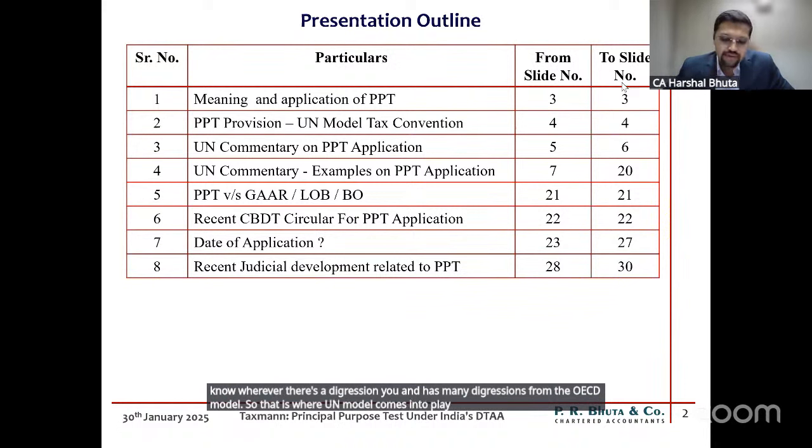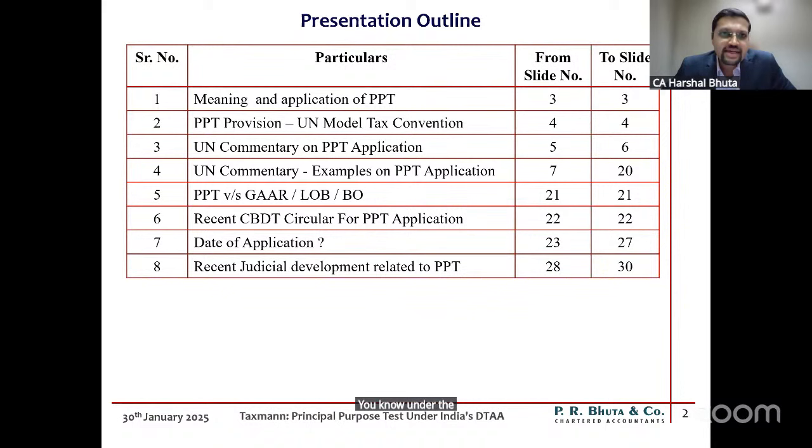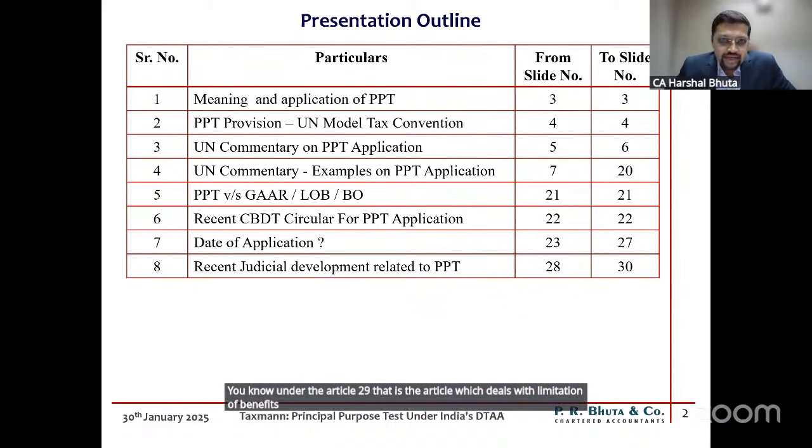At the same time, Article 29 is the article which deals with limitation of benefits, and paragraph 9 is the one where PPT has been given. So the principal purpose test appears as Article 29.9 of the UN as well as the OECD Model Tax Convention.